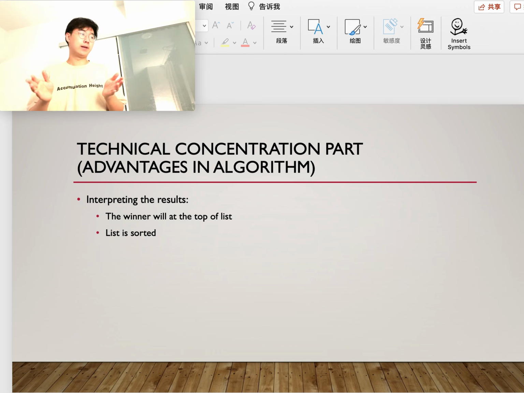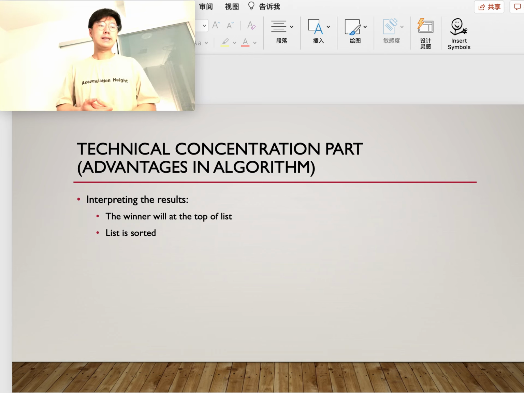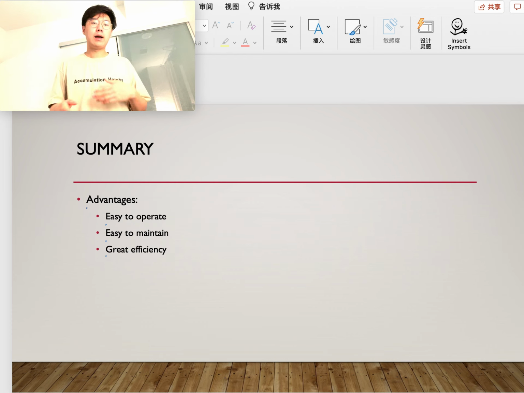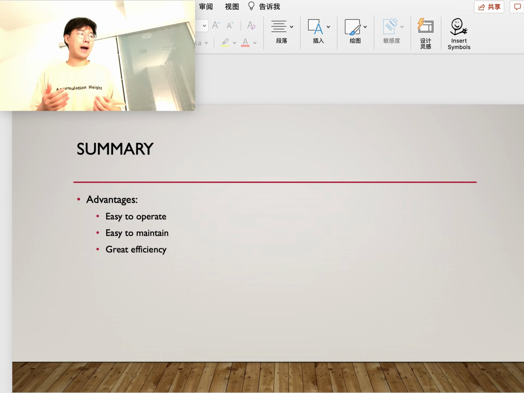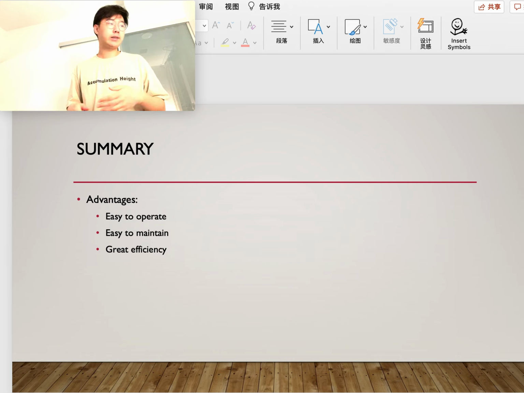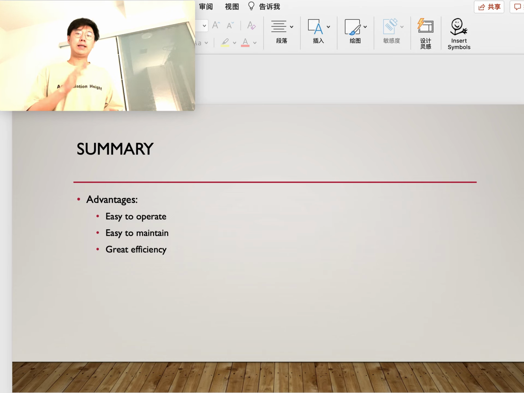In summary, from my side as a computer engineer, I think our system can calculate the votes of this election easily, and both the programming language and our algorithms are very easy to understand.